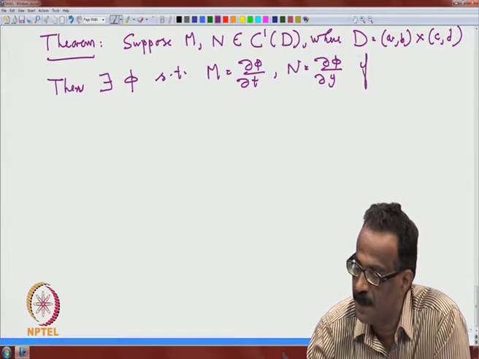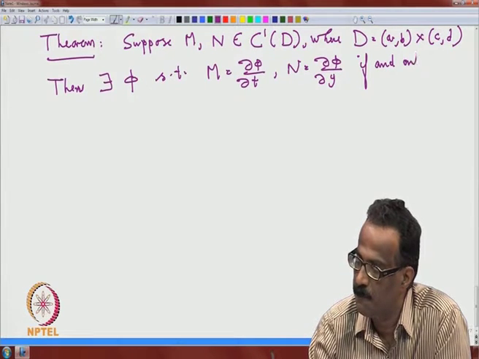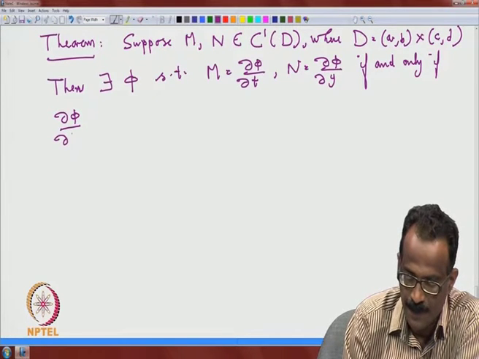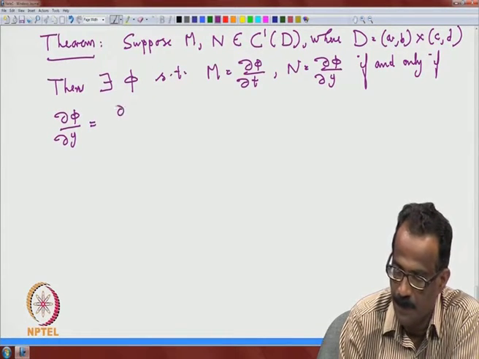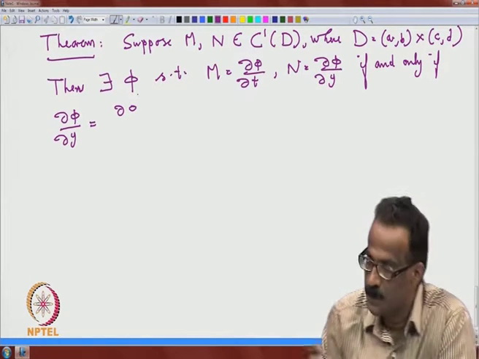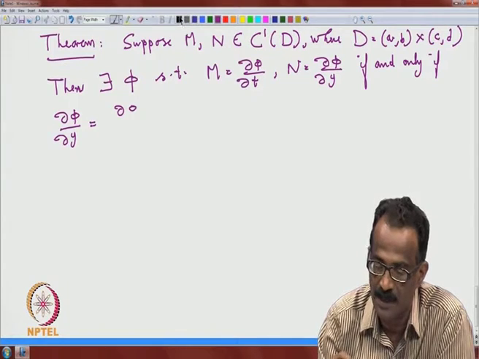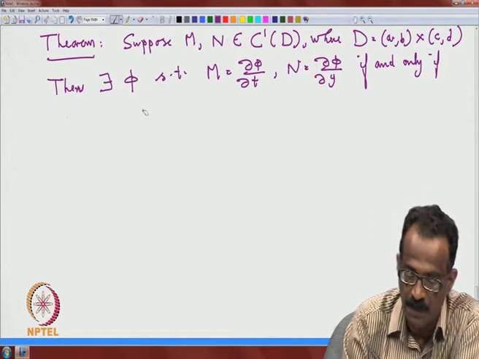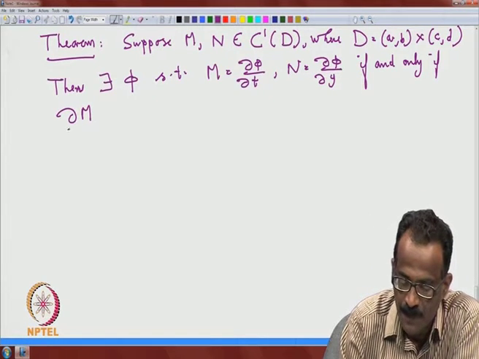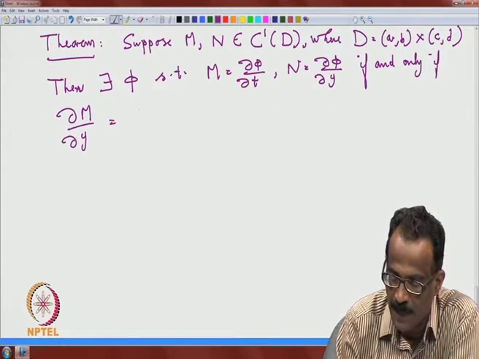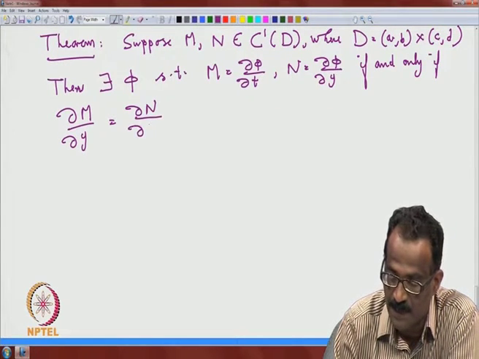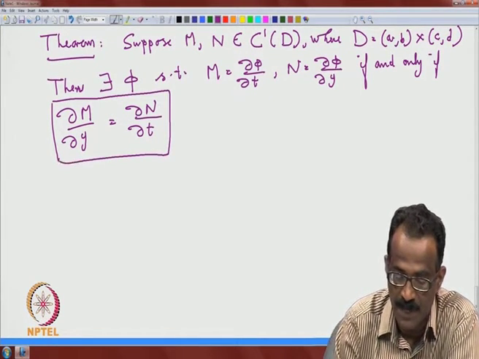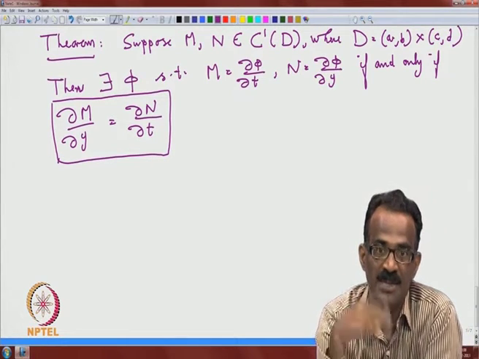This is if and only if, you want the condition in terms of M and N, if and only if dM by dy is equal to dN by dt. The interesting fact here is the condition in terms of the given data. M and N are functions given to you in the differential equation.